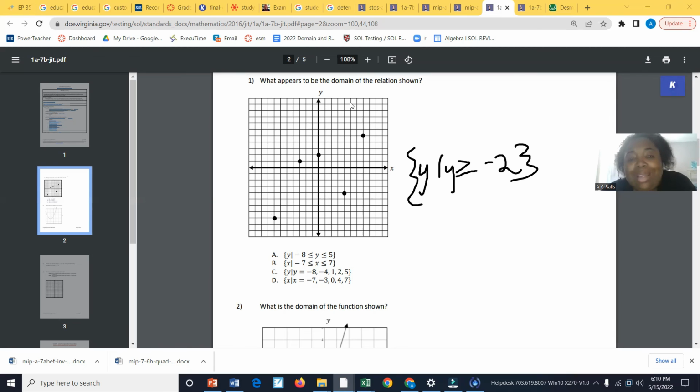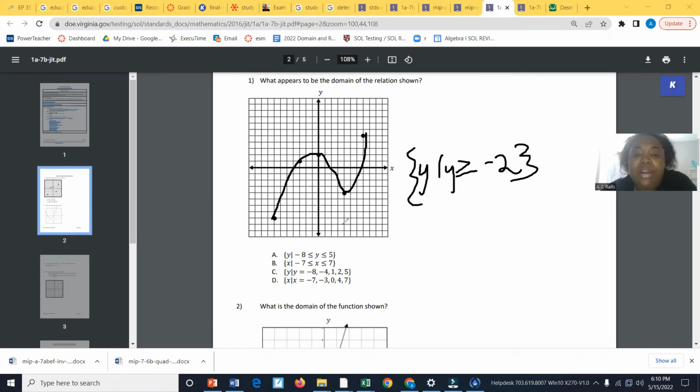Now, if this was a continuous function, what I mean by continuous is that all of these dots were connected in some kind of framework, then you could choose a different option as your domain.